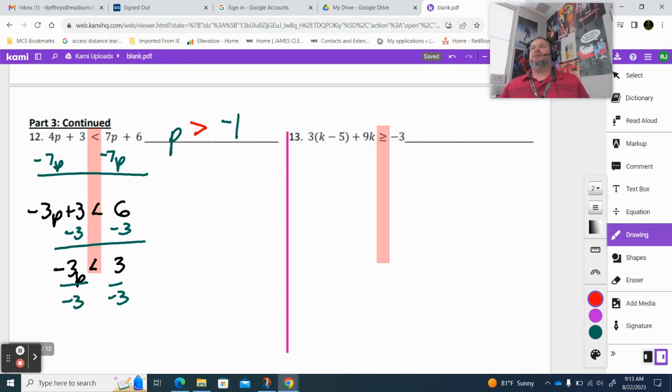All right. So now these are worth more because there's more steps, correct? Some of y'all are like, yes, because as you saw in the last test, for those that took it, we had some problems that were worth 6 points each.